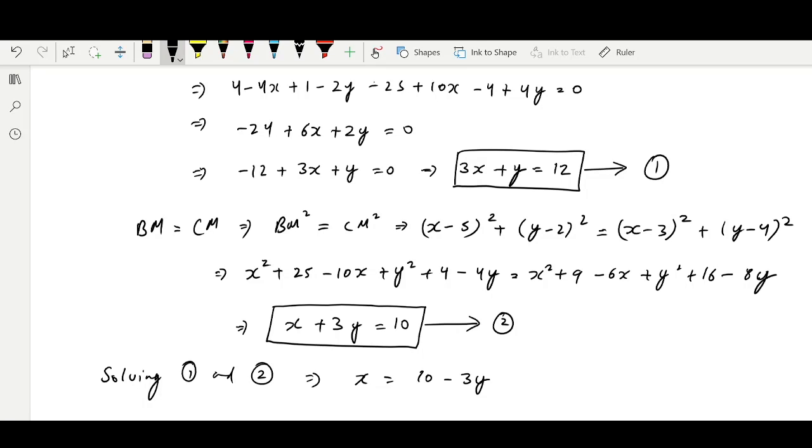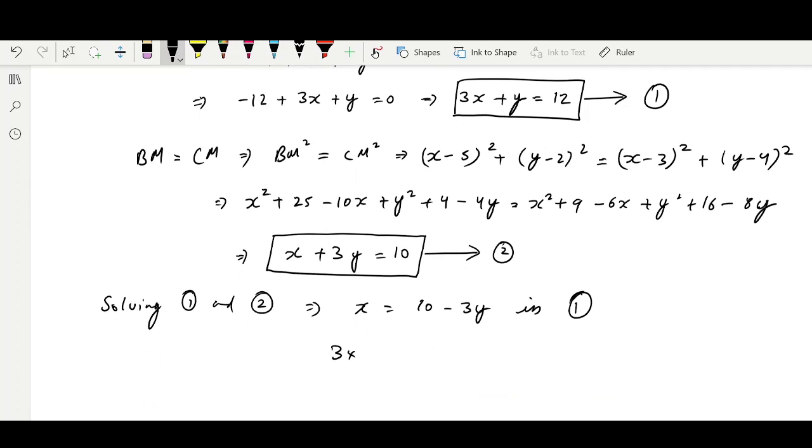Let's put x equals to 10 minus 3y in equation 1. We'll get 3 into (10 minus 3y) plus y equal to 12. That is 30 minus 9y plus y equals to 12. We'll get minus 9y plus y is minus 8y equals to 12 minus 30.